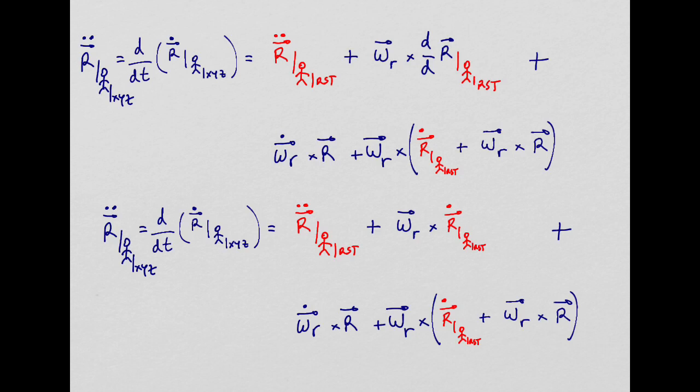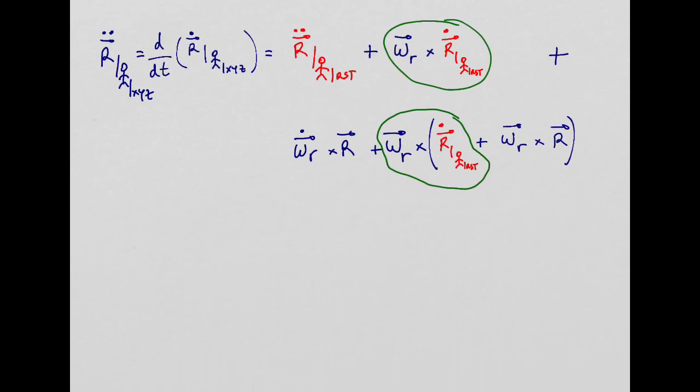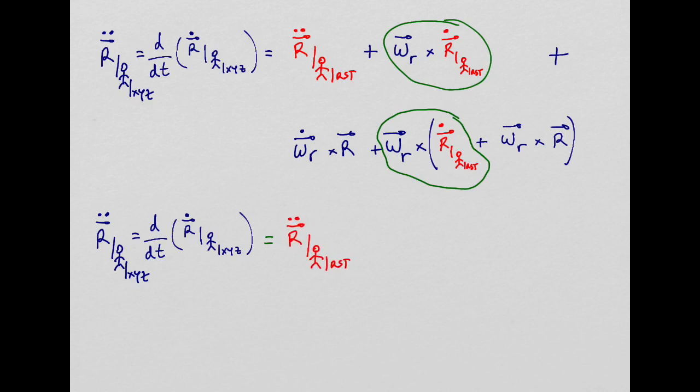So these two terms are equal, this and this. So I'm going now to write the final equation for the acceleration. I'm going to leave here, this component is the relative acceleration, or is the acceleration perceived by the observer attached to a rotational frame.